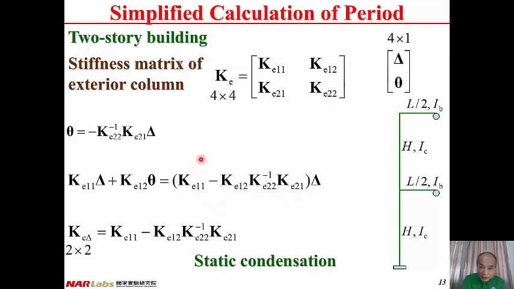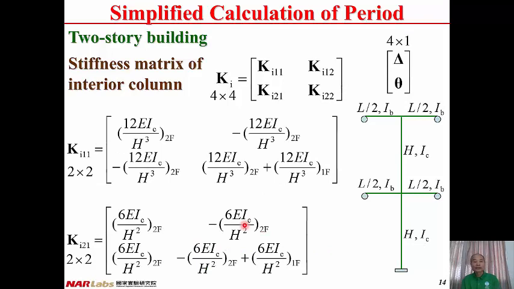And then we consider this coefficient matrix as KE delta. Delta means that the degrees of freedom of theta have already been condensed, so that we have a 2 by 2 matrix equal to KE11 minus KE12 times KE22 inverse times KE21.